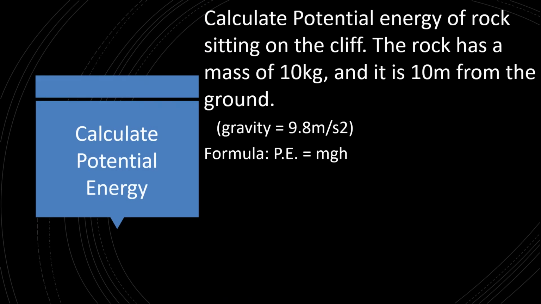All right, let's say we want to calculate gravitational potential energy. So we have our formula, PE equals mgh, and we're going to use that to calculate. Let's write this out.